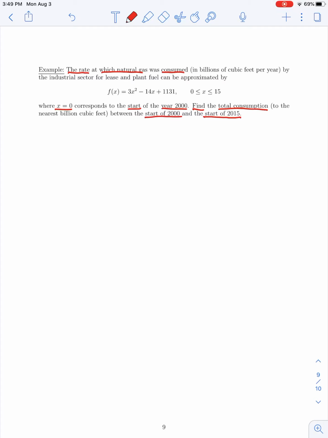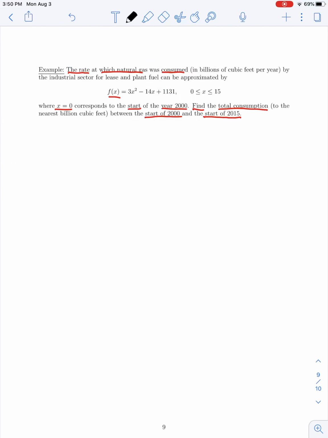So if we have this function f of x, which represents the rate at which natural gas was consumed, then we can find the total change in the consumption, or the total amount consumed, between two time points, or a span of years. In this case, from 2000 to 2015.